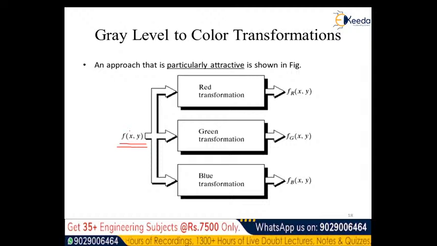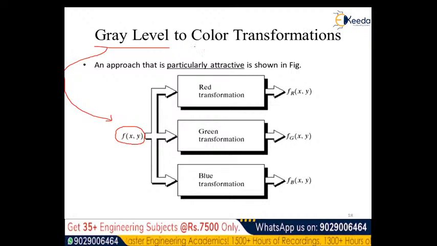I hope it is clear. x and y are the spatial dimensions, the spatial coordinates, and at this particular location with the combined value of x and y, we have the intensity level denoted by f. So clearly f as a function of x comma y is the grayscale image, and as you see from the title of this technique, this is the input gray level image.